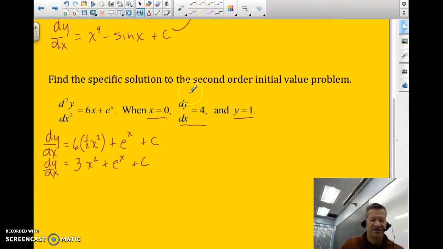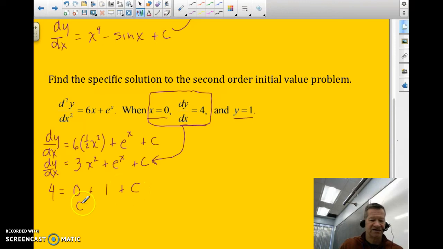Now, notice they tell us that when x is 0, dy dx is 4. This will allow me to find c. So let's take this and substitute it into our first derivative. So dy dx is 4 when x is 0. So 3 times 0 squared would be 0. E to the 0 is 1, and then plus c.